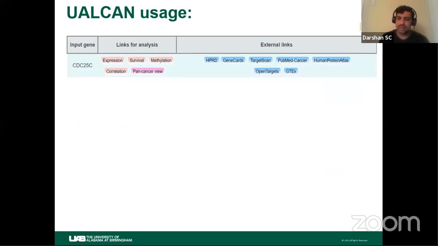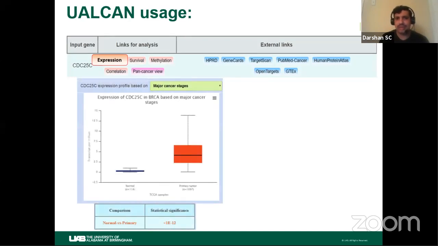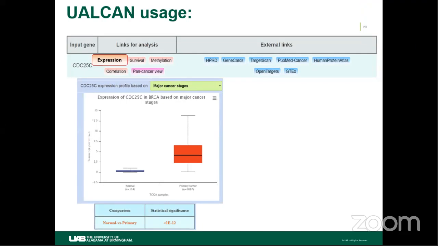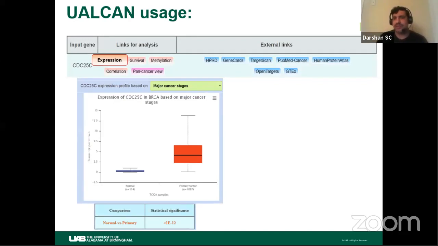Suppose a user clicks on expression. He or she will be directed to a page where the user can see the bar plot, which initially shows the relative expression of the gene of interest in breast cancer compared to normal. You can see that CDC25C is highly expressed in breast cancer compared to normal. We also provide the statistical significance, which is calculated using an unpaired t-test.